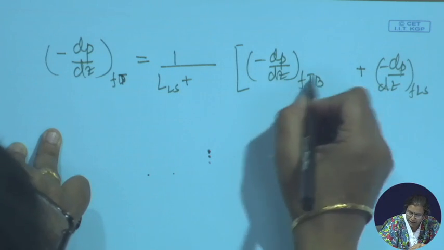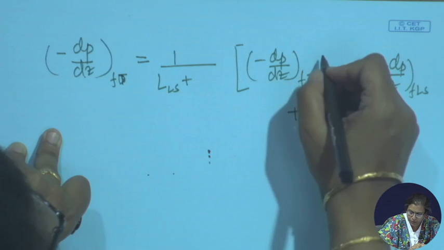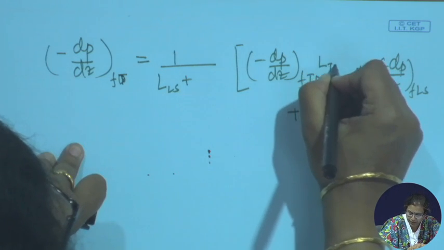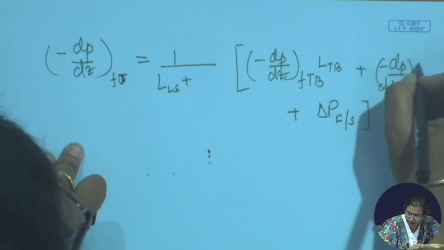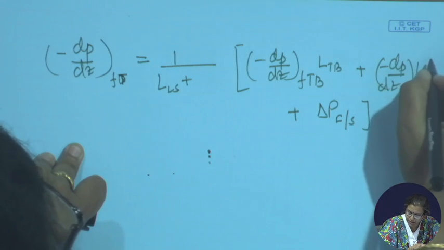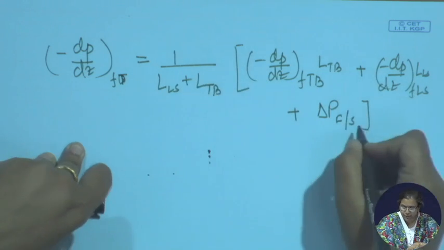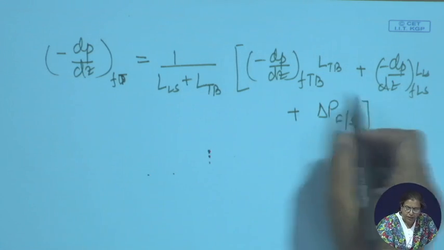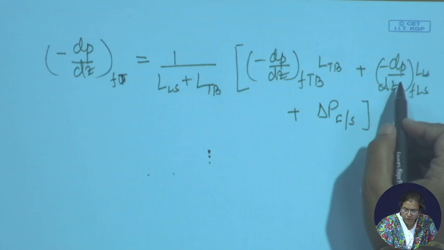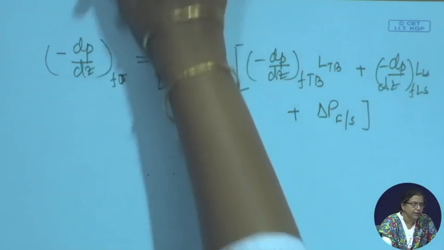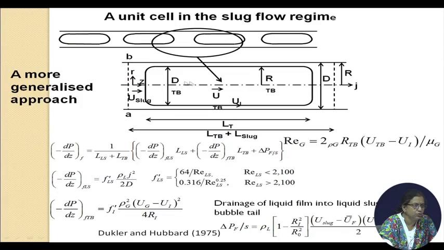And each pressure gradient should be multiplied with the relative lengths of the individual Taylor plugs and the liquid slugs, isn't it? So, this complete expression is going to give you the total frictional pressure gradient which occurs over the unit cell of the slug flow pattern.